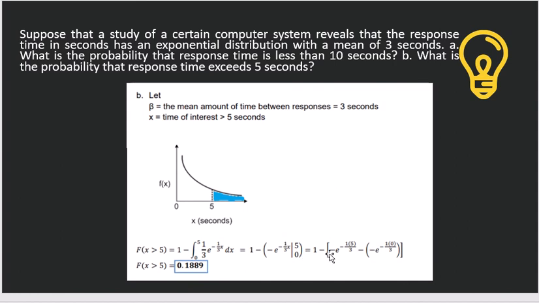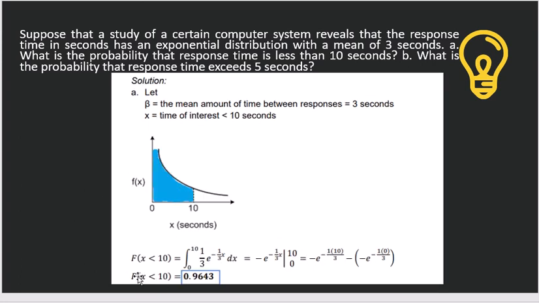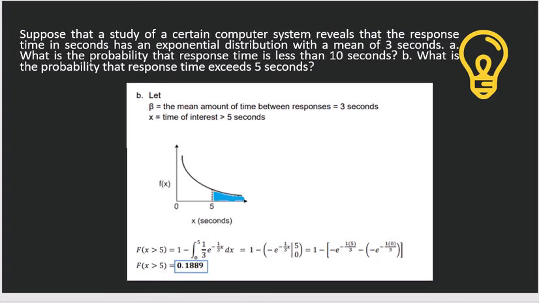Compared to earlier, where x is less than 10 because it is lower than 10, now it exceeds, so it becomes f of x where x is greater than 5, higher than that. So automatically you're going to have your result using the scientific calculator of 0.1889.